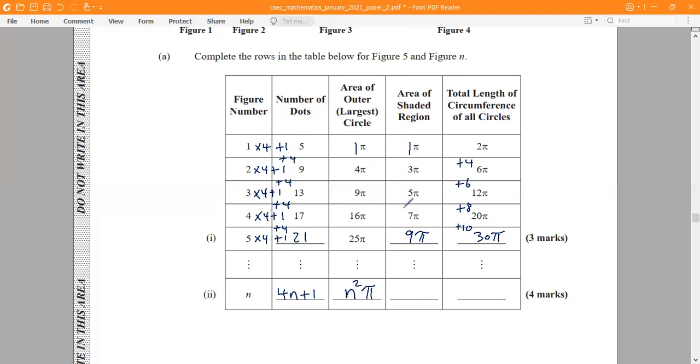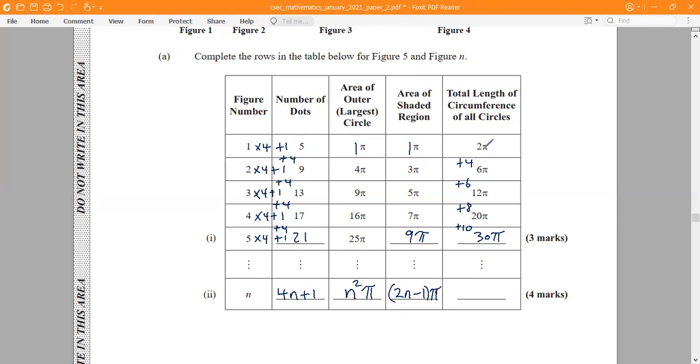We could say 4 2s are 8, take away 1, we get 7. We could say 1 2 is 2, take away 1, and we get 1. We could say 5 2s are 10, take away 1, and we get 9. So let's try 2 times n, take away 1, and we have pi here.